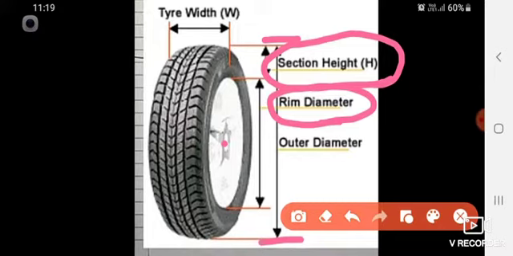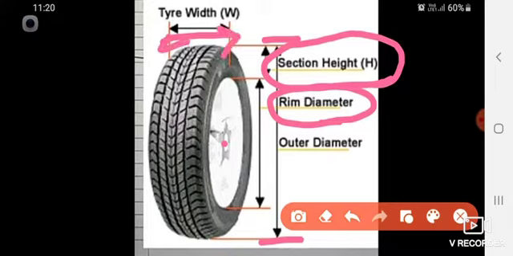This height indicates the total rubber material. Height and width of the tire indicate the total rubber material that is going to be provided on the tire. This is the particular term. Then the tire width, this is the width of a tire.